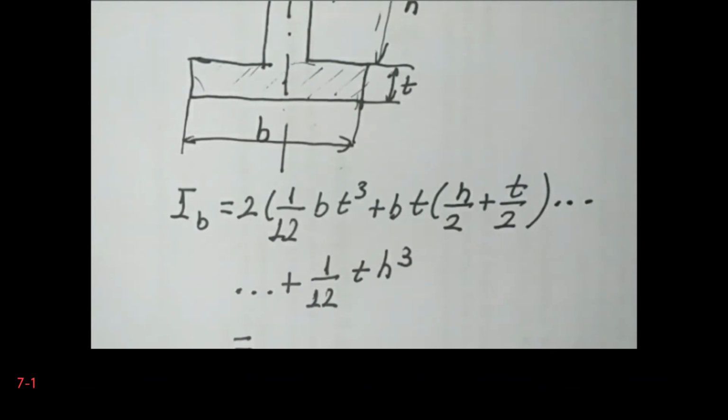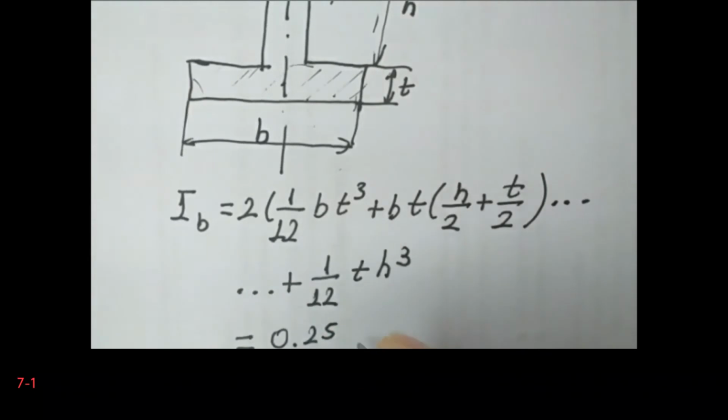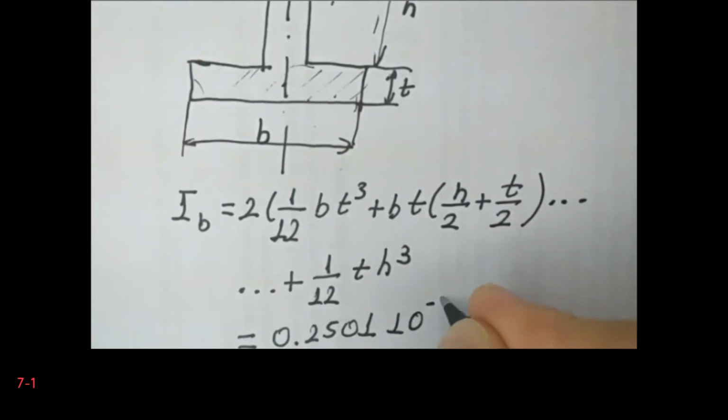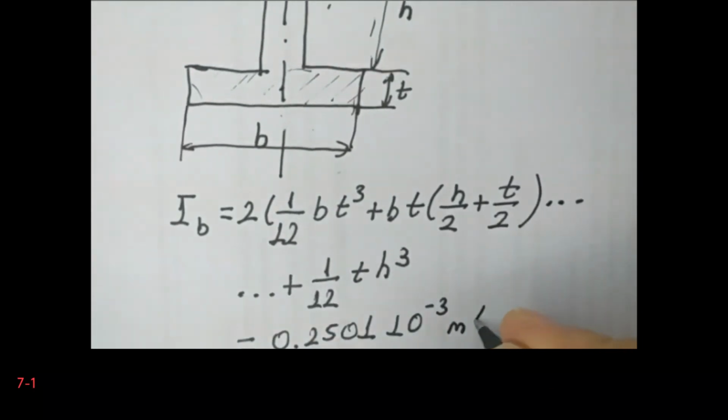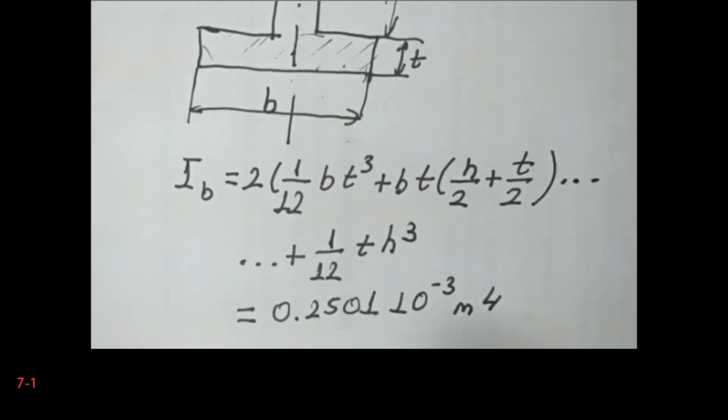If you put the values, what you are going to get is 0.2501 10 to the power -3 meter to the power 4. So this is the bending moment of inertia.